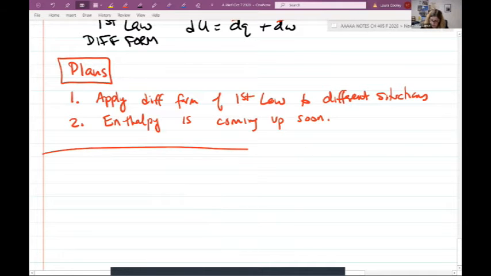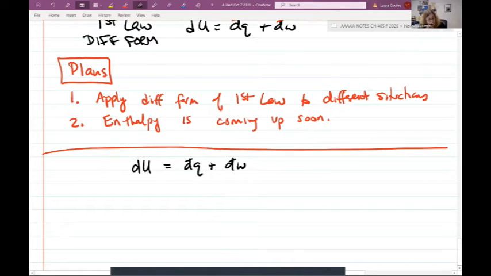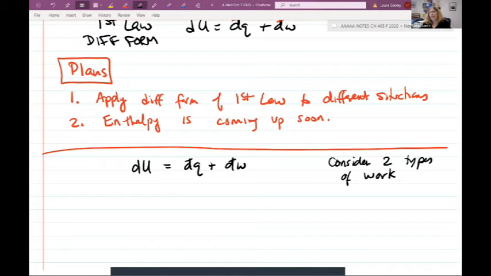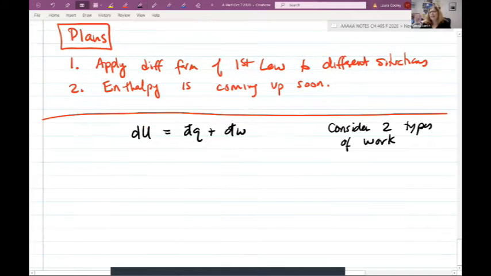The first thing I'm going to do is write it down: dU equals dq plus dw. Now I'm going to say that there are two types of work, because we are really only going to consider one type in this part of the semester, and that is expansion work. But I don't want you to think that there isn't some other kind of work, because there are lots of other kinds.